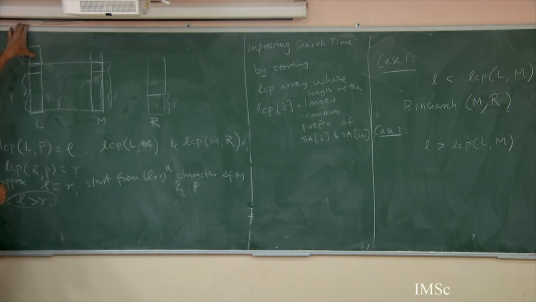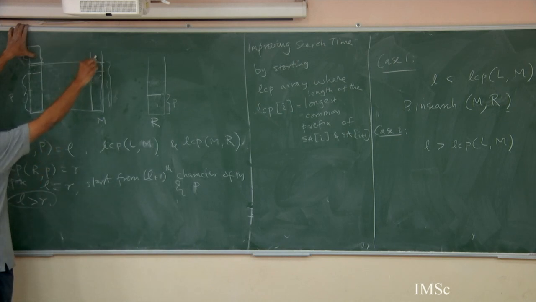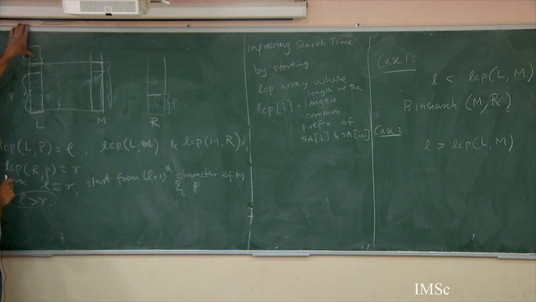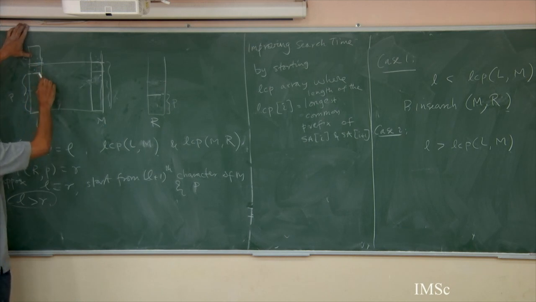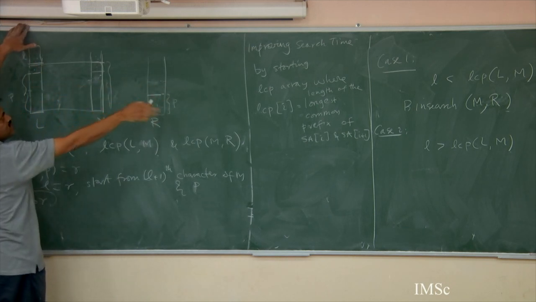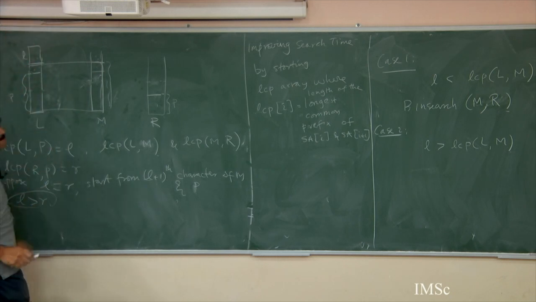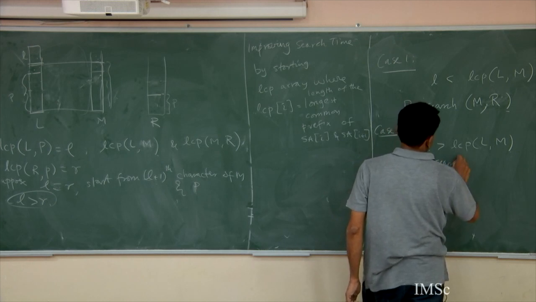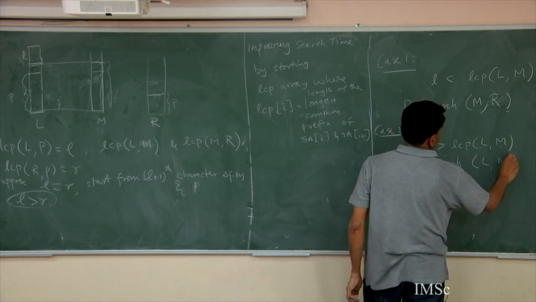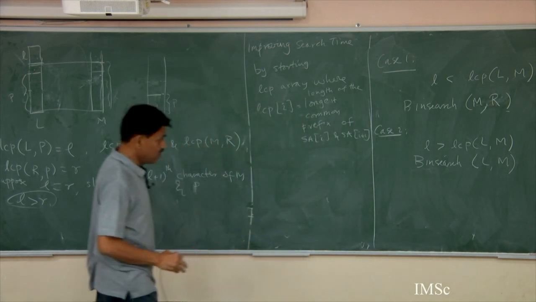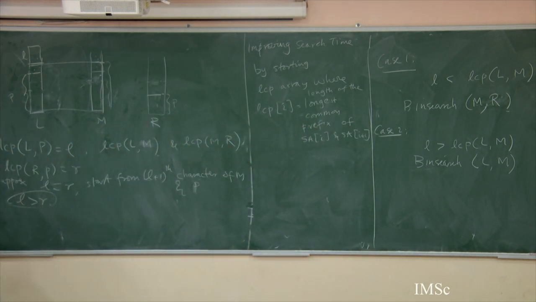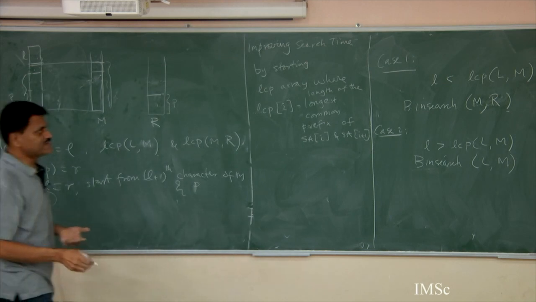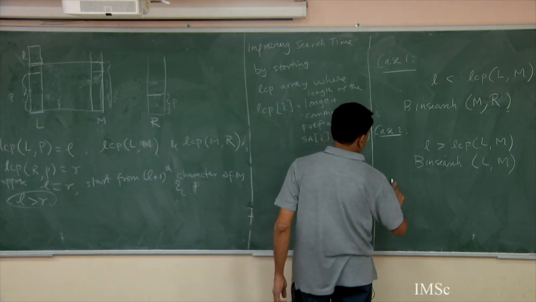So, I know that the character here is larger than this, but my pattern matched up to this point. So, there is no point in searching here, I just have to search here. So, I just have to do binary search in the LM range. So, that means I am just moving to the next half of the binary search for free, no extra comparison, just by knowing this.